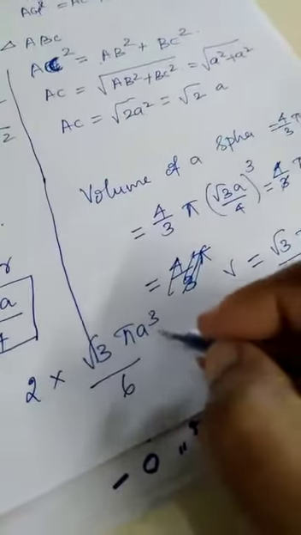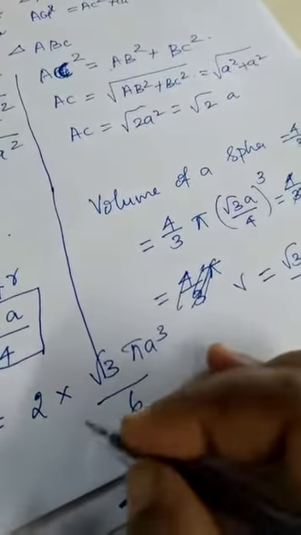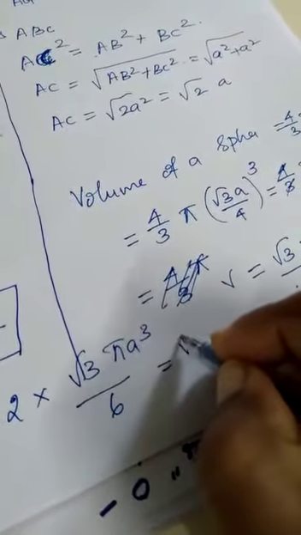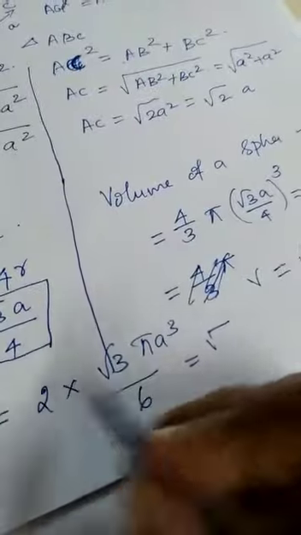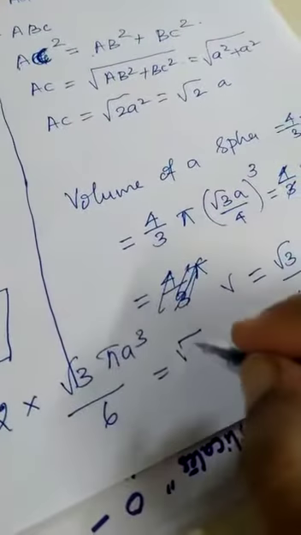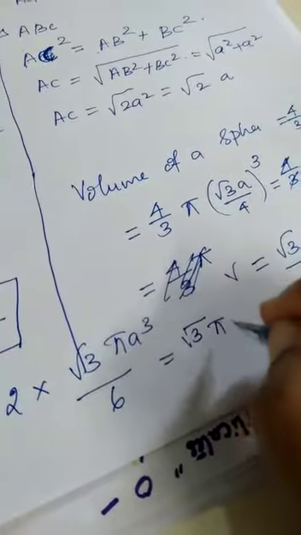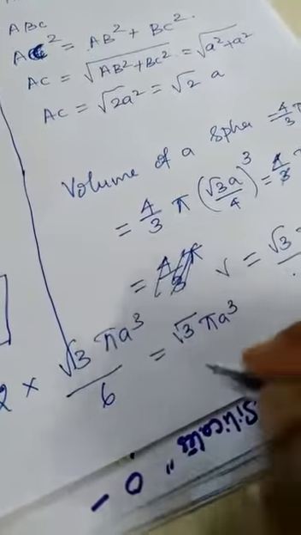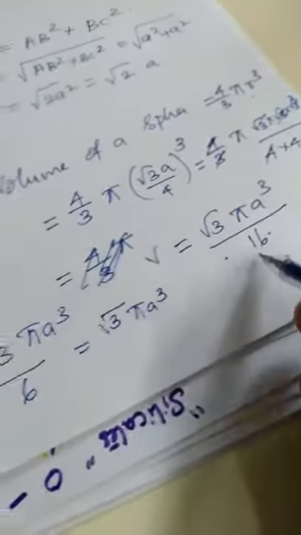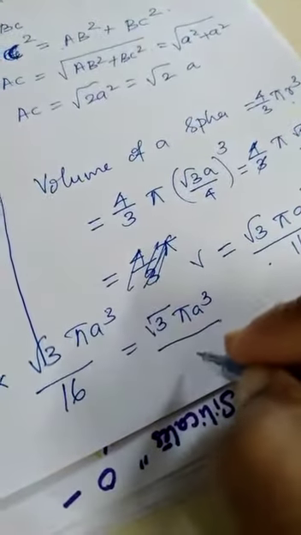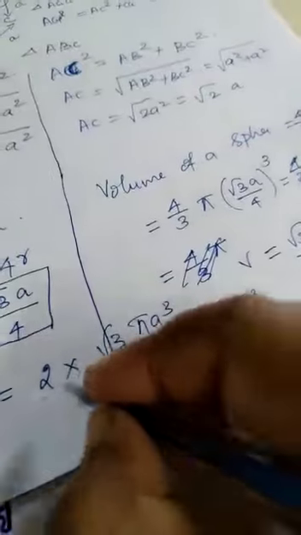So first let's simplify this. 2 into the whole thing, I'll get root 3 pi a cube over 16.